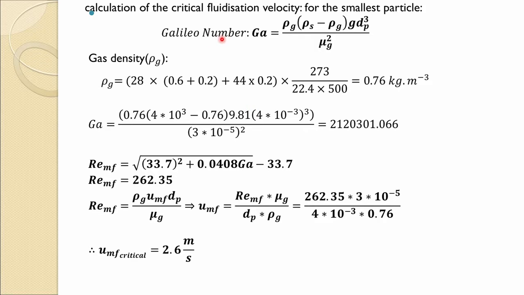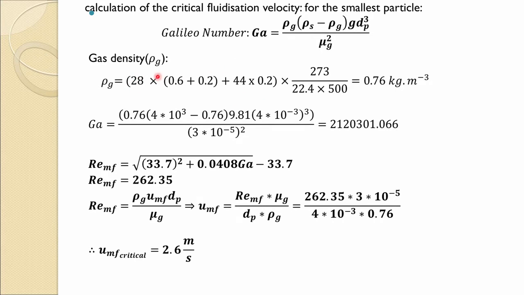So, if we calculate the Galileo number, gas also is a mixture, which has 60% nitrogen, 20% CO and 20% CO2. CO also has the same molecular weight as nitrogen, 28.